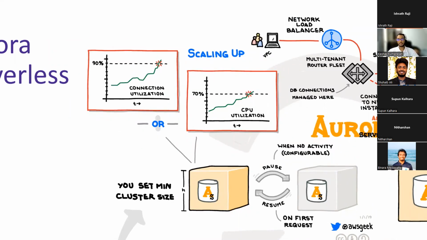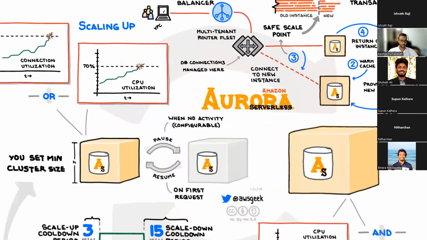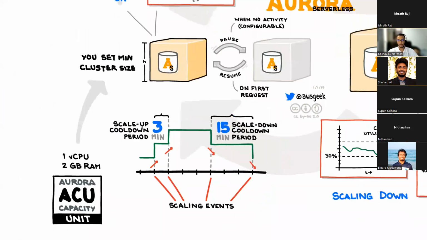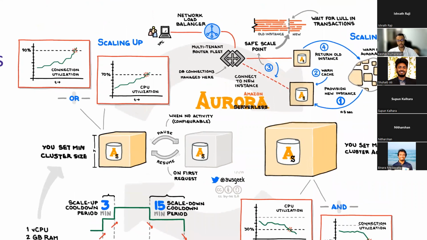You can set those kinds of variables for when you want it to scale up and scale down. When it scales, it'll have a cooldown period as well, so it gracefully handles it so that there are no jerks and the availability doesn't get affected, is what I'm trying to say. They make sure the database is up and running.